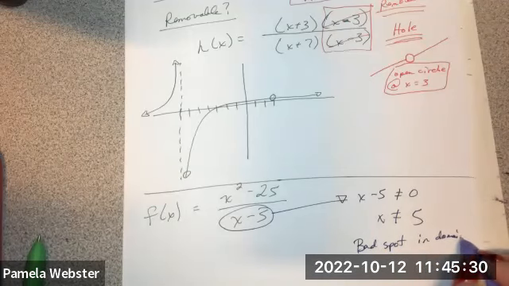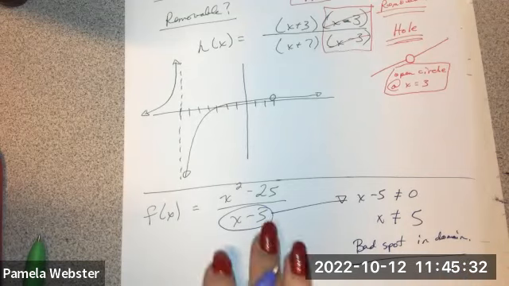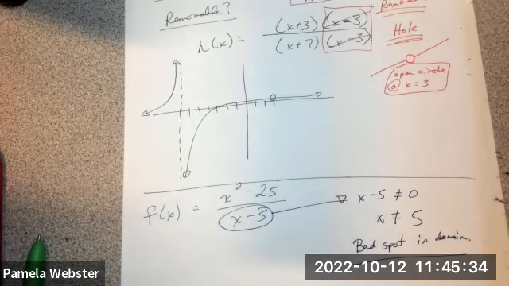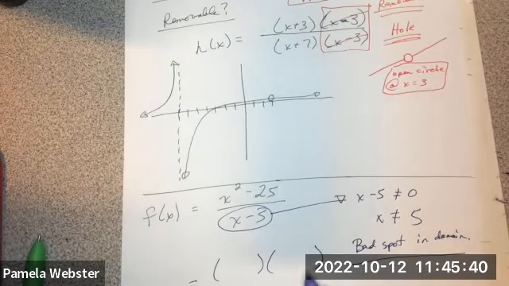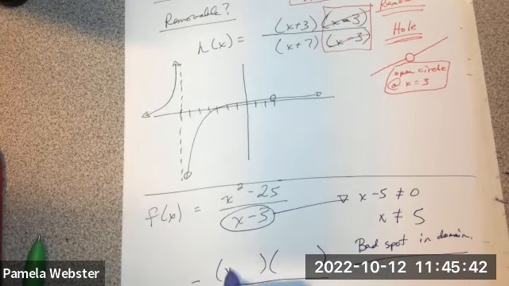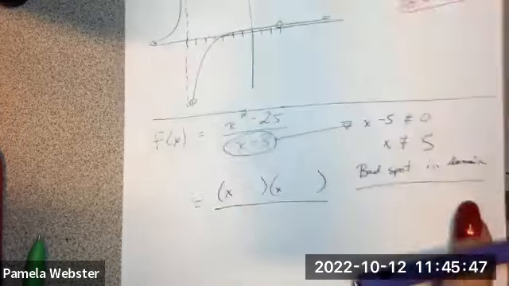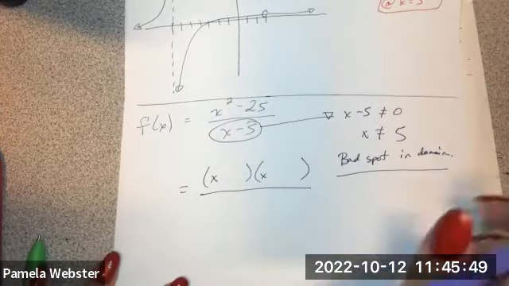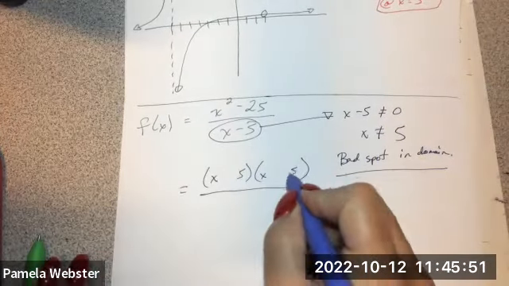Can't use it. Okay, but I'm very suspicious because the top looks like it'll factor, right? So the top will factor. That's x squared minus 25. It's a difference of 2 squares. X and x. Oh, let me scoot up. X and x. And 25 is 5 and 5.